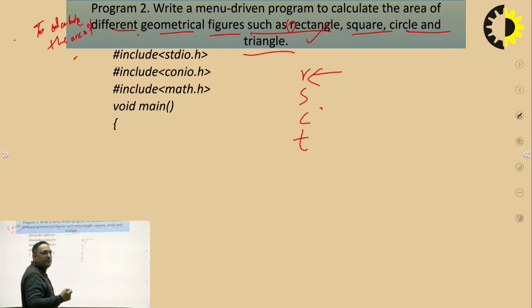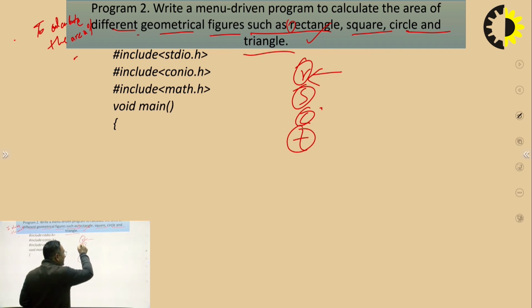You can prompt, meaning print this. You can give the user information about what he needs to input to calculate the area. So if he needs to calculate the area of a rectangle, he needs to input R, right? Same for square, same for circle, and same for triangle.